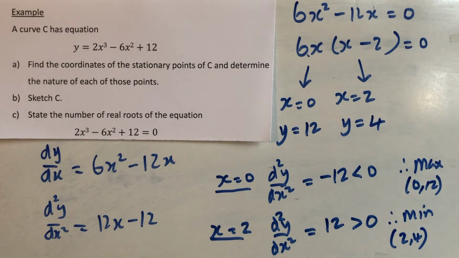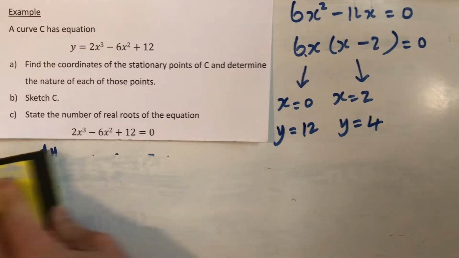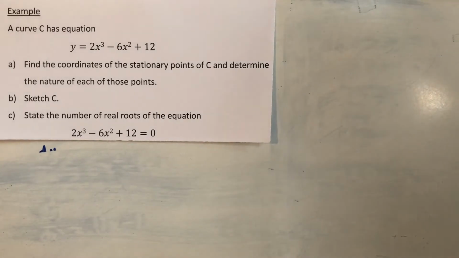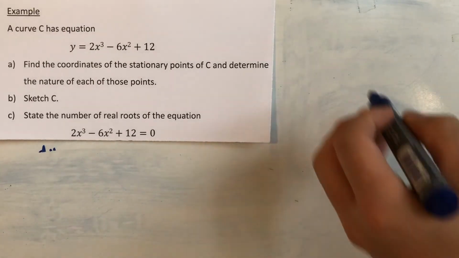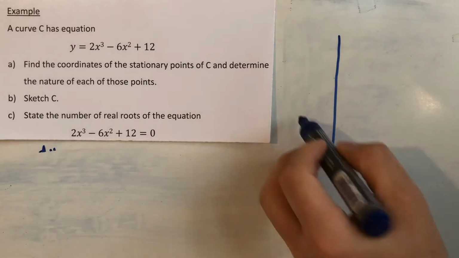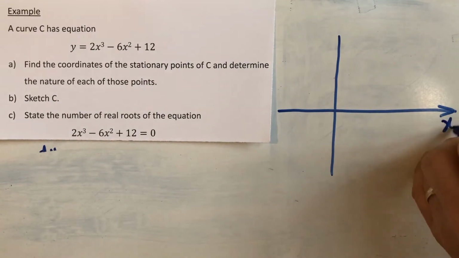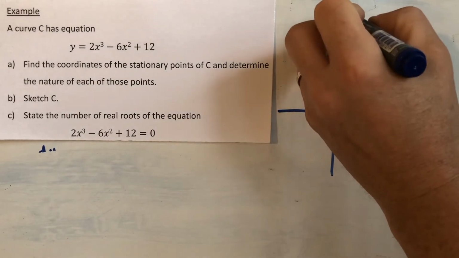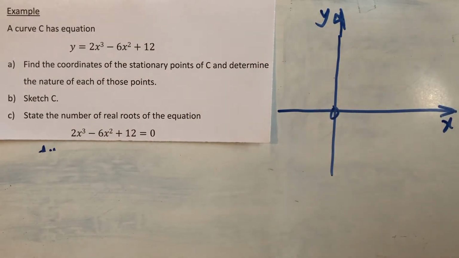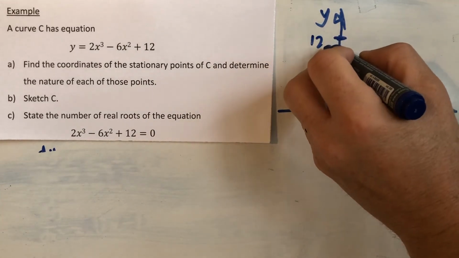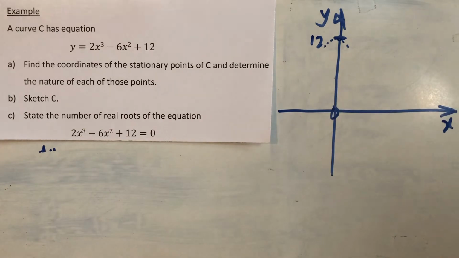Now to sketch the graph, all you would do, no graph paper required for sketching the graphs, you draw an XY axis. At 0, we're up at 12, and we know that that's a maximum, so we know that that goes like that way around.